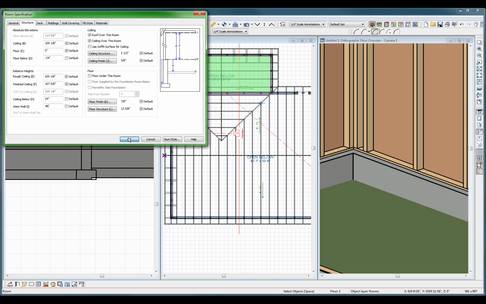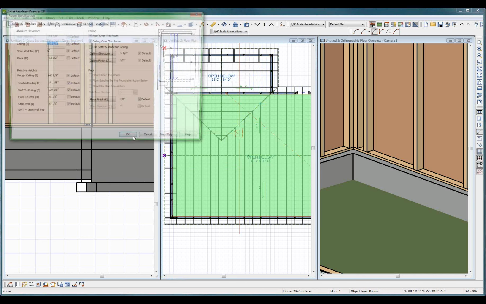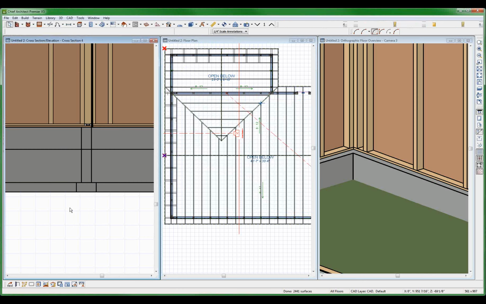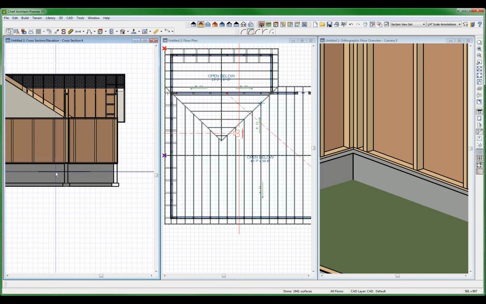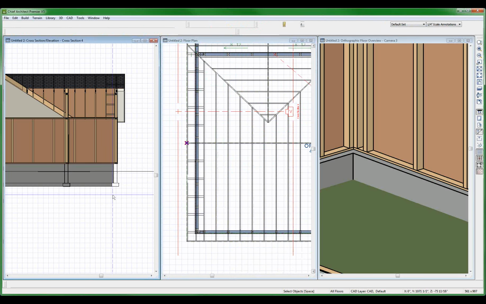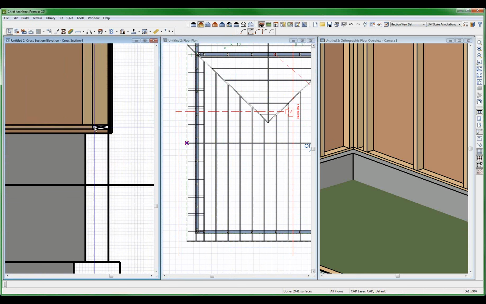Minus 24, stem wall of 48. Floor's at minus 24, stem wall of 48. Seems like I have a different... Yeah, now that's all good. And I can control my footings, depending on how deep you want your footings.